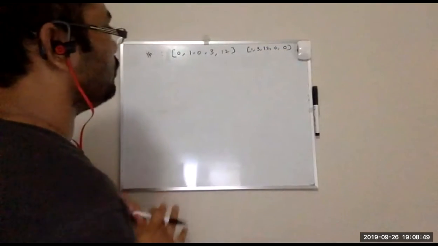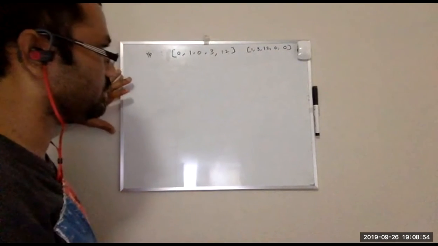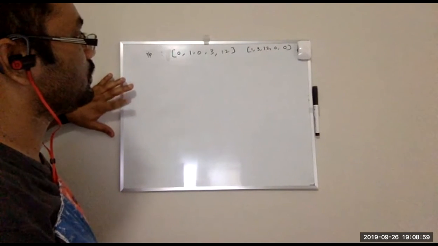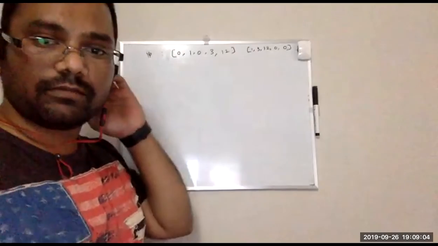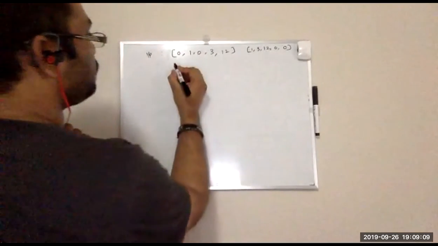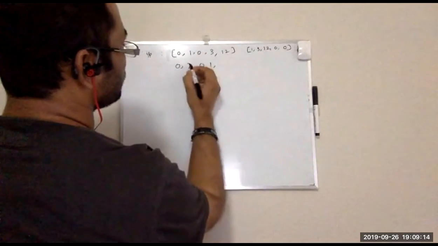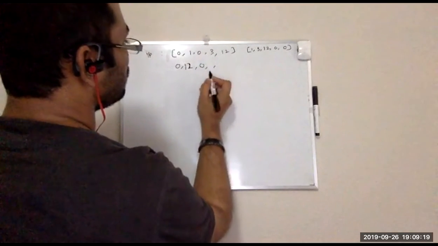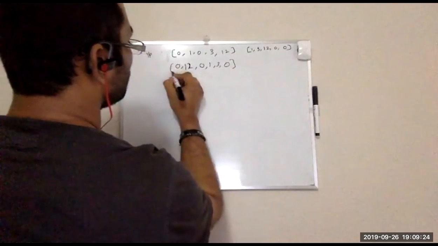What comes to my mind is, say the input array is like this: 0, 1, 0, 3, 12, 0.